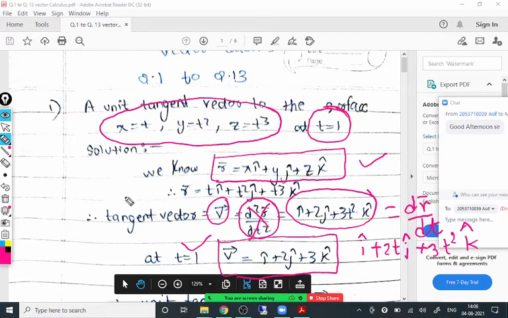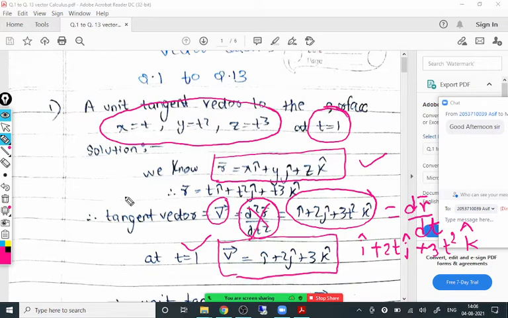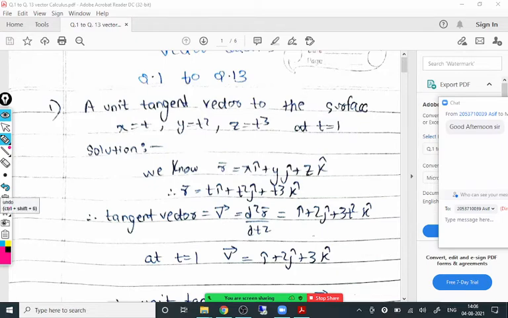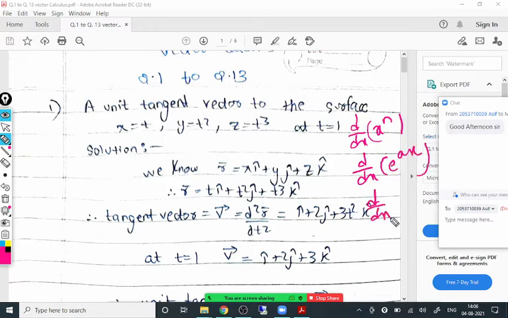One most important thing to remember in vector calculus is that you have to differentiate. You will find it's very simple; an 11th standard student can do it. You just require derivatives of simple functions: the derivative of x raised to n, the derivative of e raised to ax, the derivative of sin x and cos x, and lastly the product rule and the quotient rule.